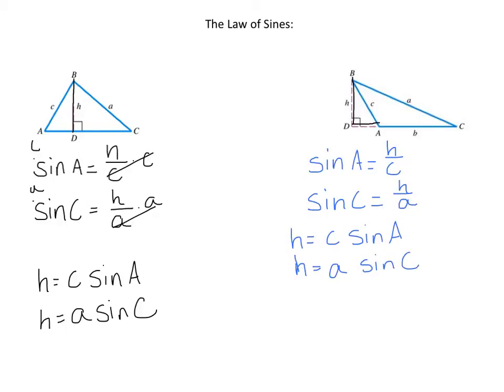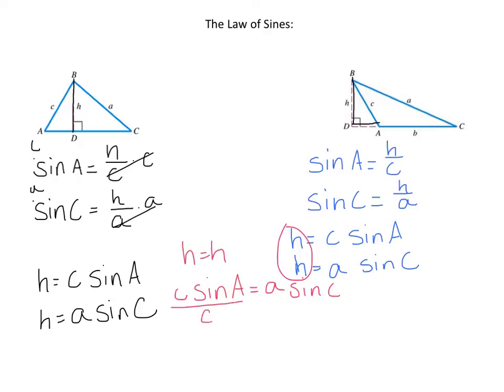The important part is the next part. h is equal to itself. So what I can do is set h equal to h, or c times the sine of A equal to a times the sine of C. And then from here I can simply do some rearranging.